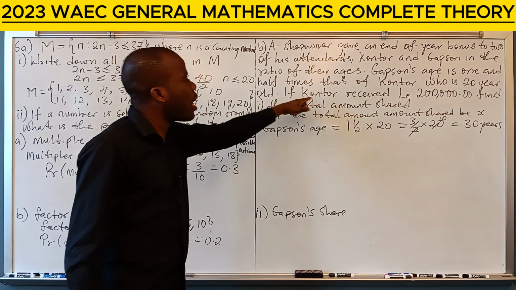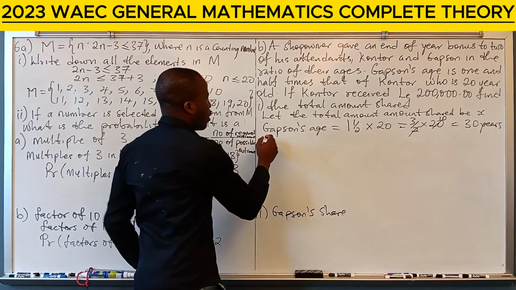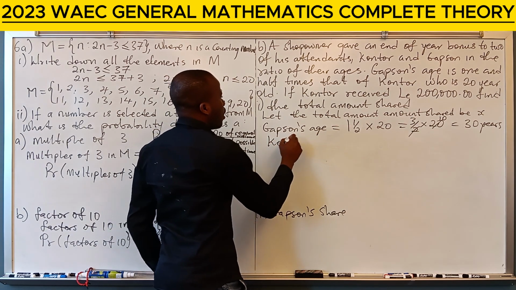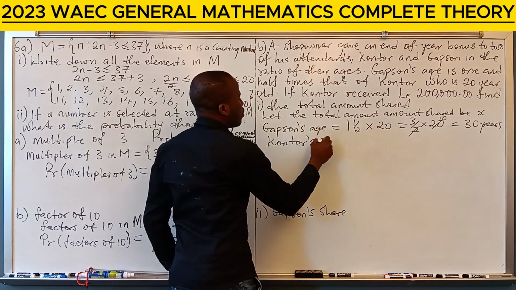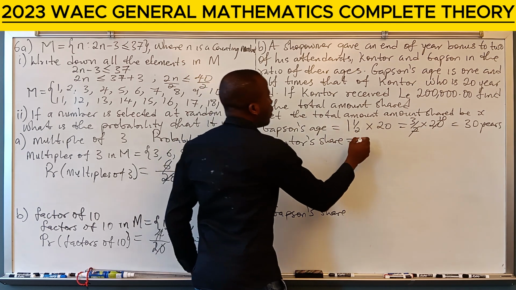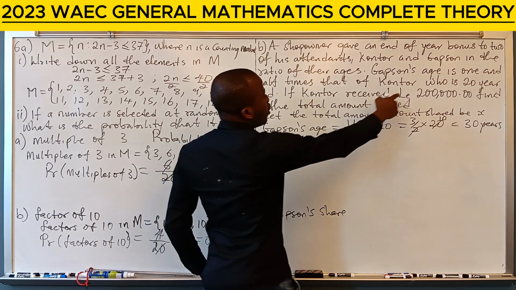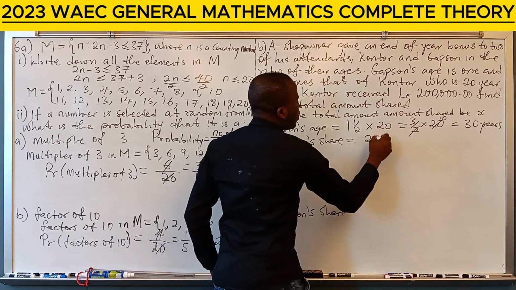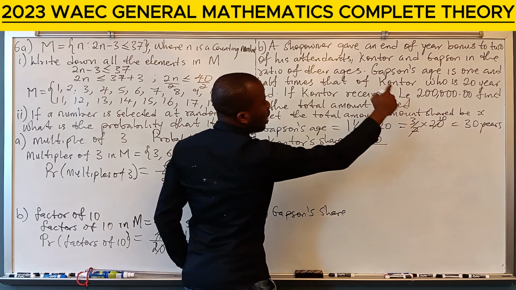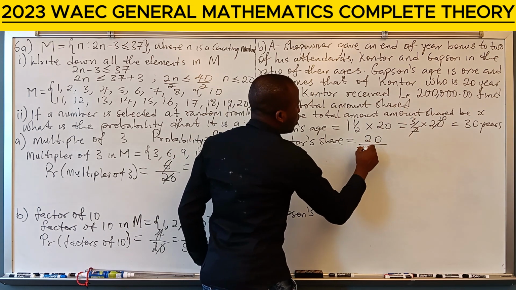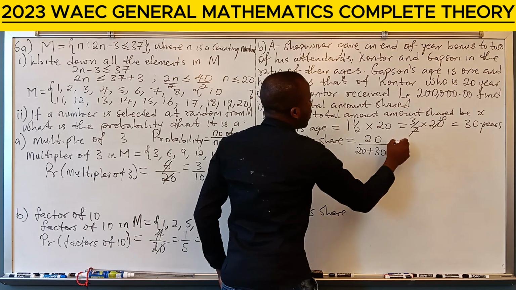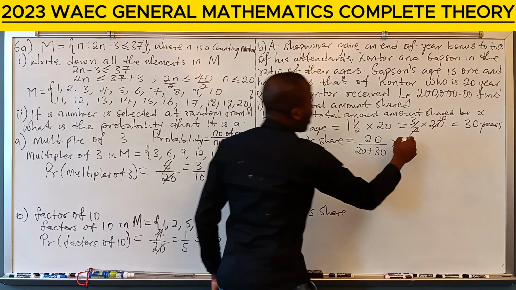Now, let's find Cantor's share. Cantor's share is his age, 20, over the sum of their ages, which is 20 plus 30, times the amount shared.